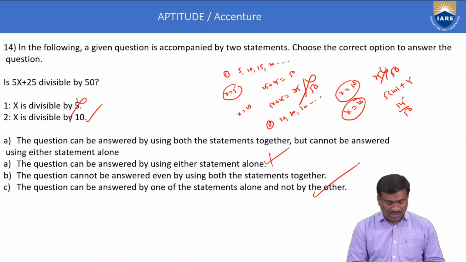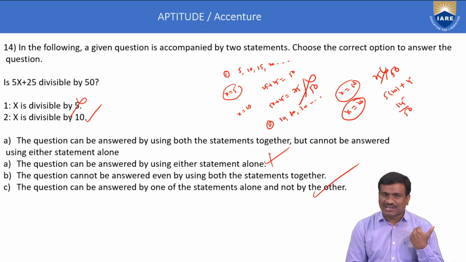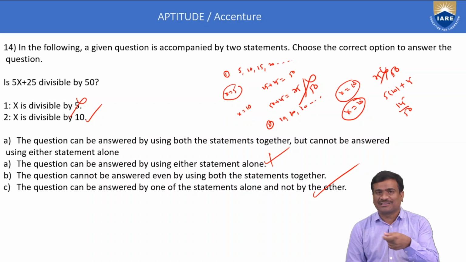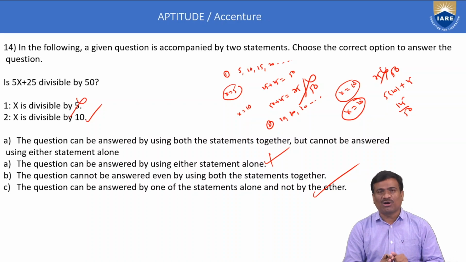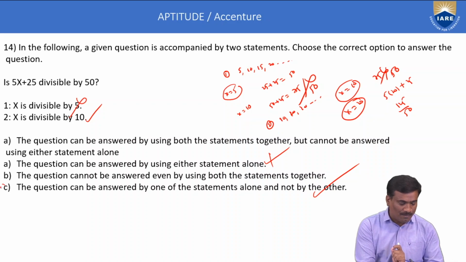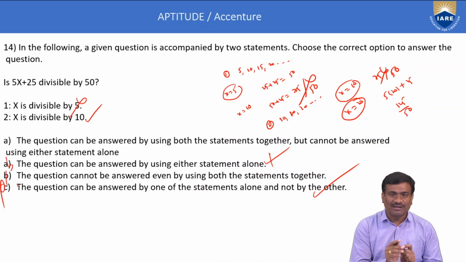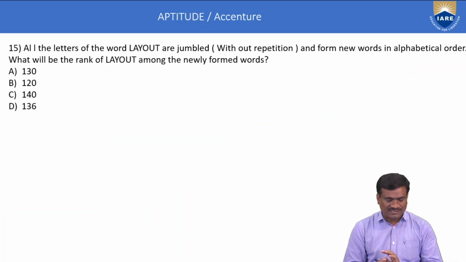The question can be answered by one of the statements alone and not by the other. This one only is correct. If the first alone is correct and the second alone is correct, then the answer is either or. But here the first statement alone is not correct, the second statement alone only is correct. Then the answer is: the question can be answered by one of the statements alone and not by the other. Options A, B, C, D. D option only is correct.